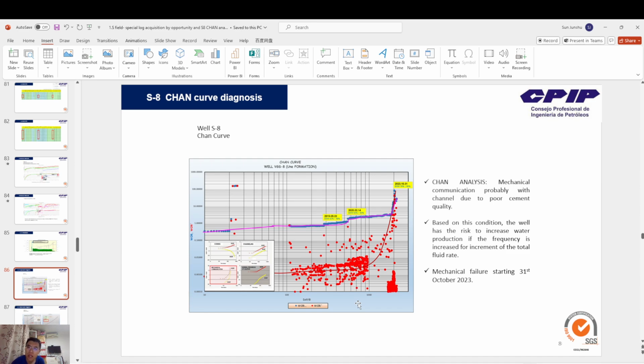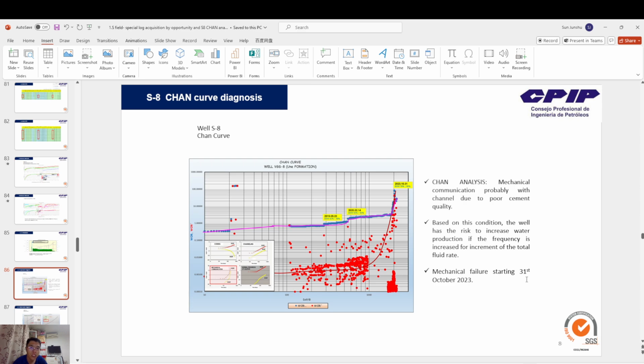This is the Chan curve diagnosis. Chan analysis: mechanical communication, probably with the channel, due to poor cement quality. Based on this condition, the well has the risk of increasing water production if the frequency is increased for an increment of the total fluid rate.